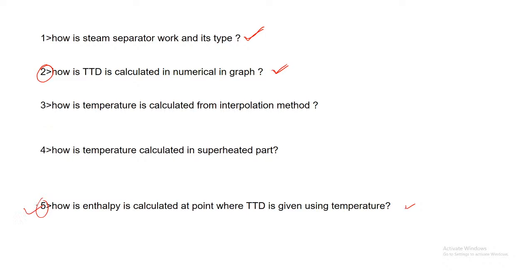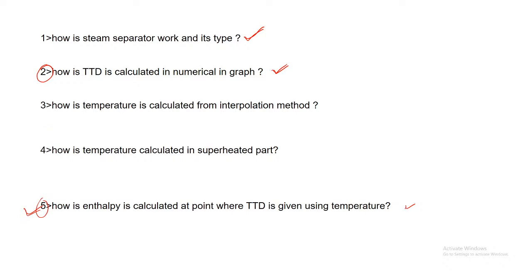Then if we know the temperature of feed water at the exit, the question asked is how to calculate enthalpy. But the steam table wouldn't have that enthalpy directly. So in that case, the nearest approximation is that we consider this temperature to be the saturation temperature of liquid water, and we take the corresponding enthalpy.